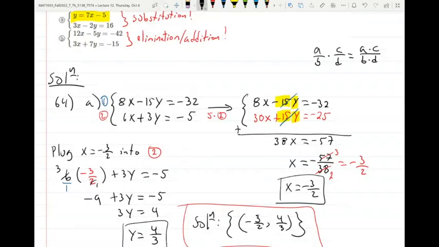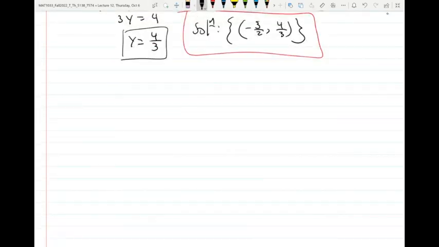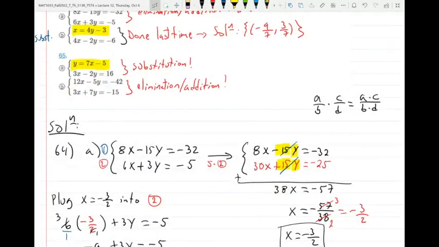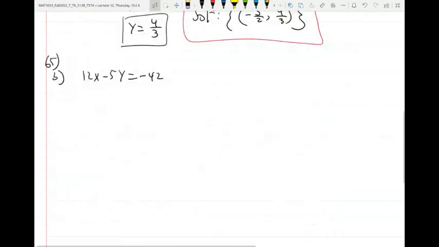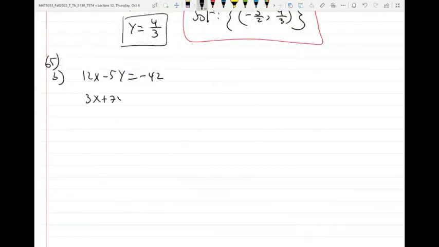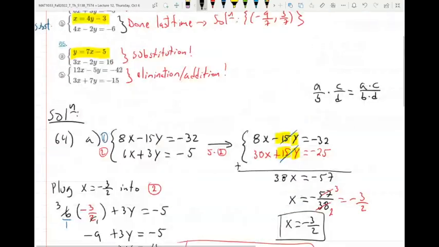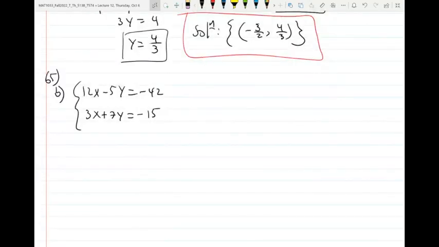Copy it down here: 12x minus 5y equals negative 42, and then 3x plus 7y equals negative 15. Okay, so try this one.